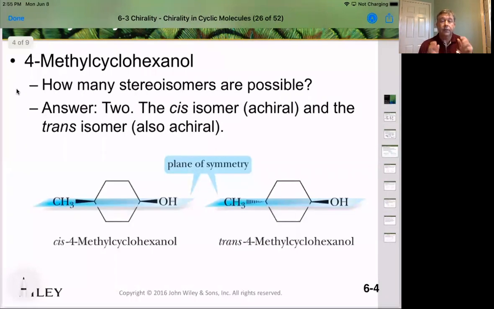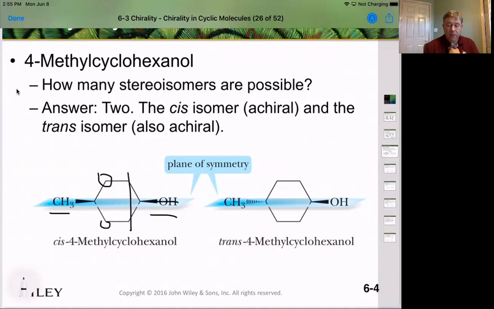Okay, let's do it again for this cis-methylcyclohexanol. So we have a cyclohexane, and we have a methyl group on one side and an OH on the other, and they're both sticking out toward us. When we look at this plane of symmetry, that means this carbon matches this carbon matches this one.